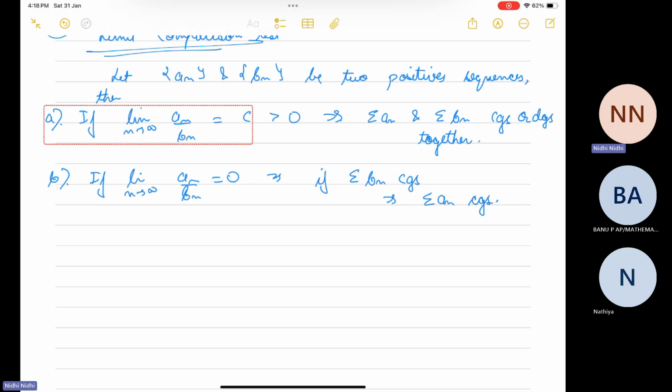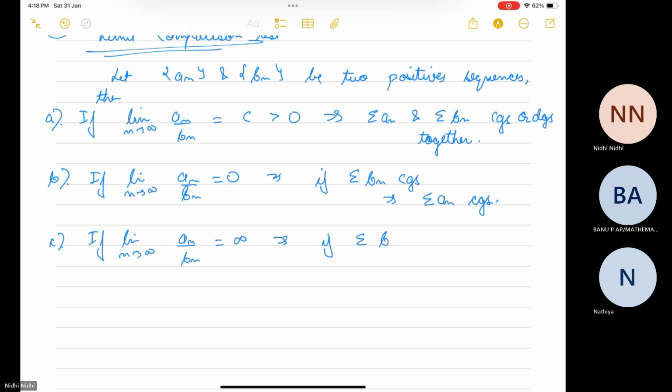If the denominator term, the series corresponding to the denominator is convergent, then the series corresponding to the numerator will also be convergent. And next is the case when this limit is infinity. We have somewhat opposite result, which says that if summation b_n diverges, if the denominator one is diverging, then the numerator one will also diverge.